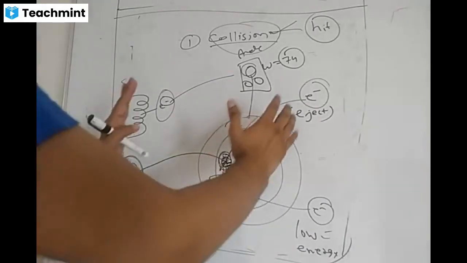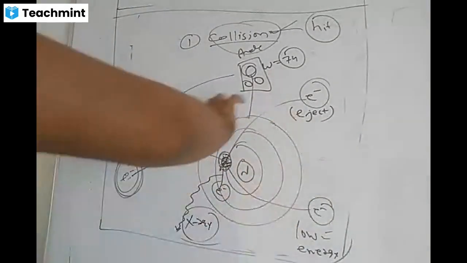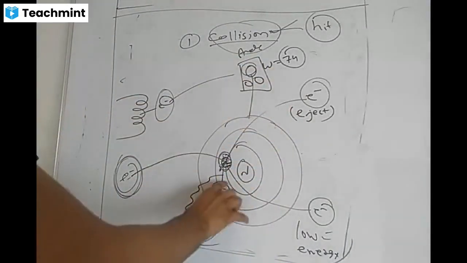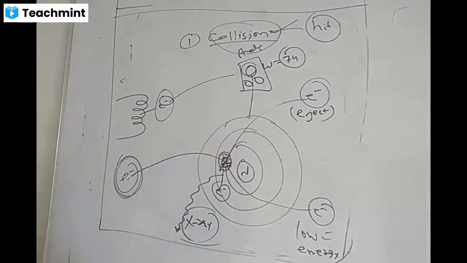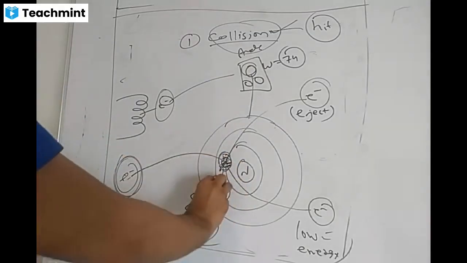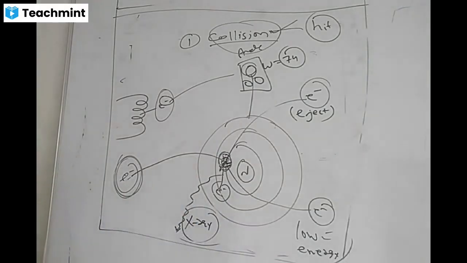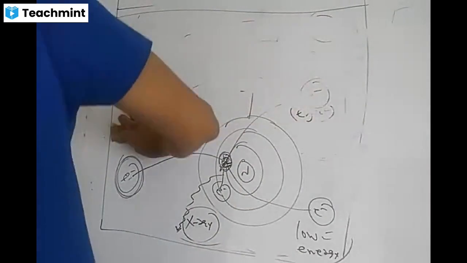An atom with a space is always an unstable atom, so it wants to make itself stable. The electron from the outer shell moves to the inner shell. During that transition, it loses its energy in the form of X-rays. This is how X-rays are produced in collisional interaction.